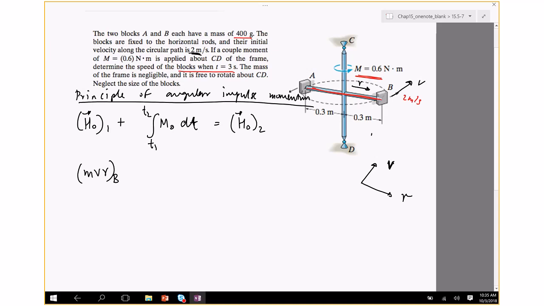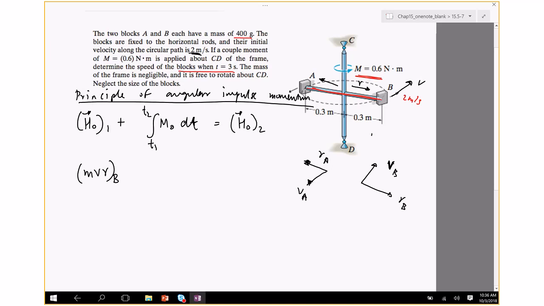Let's do the same thing for block A. For block A, the vector r points from the center to block A, so the direction of r is that way. I switched it, let's put B. Yeah, I'll move that. RA, and since the v is this way, I'll move it.